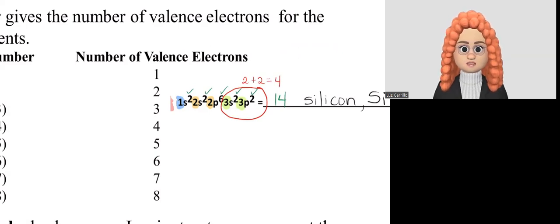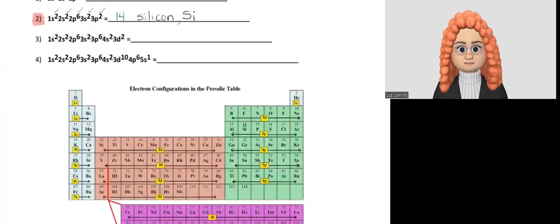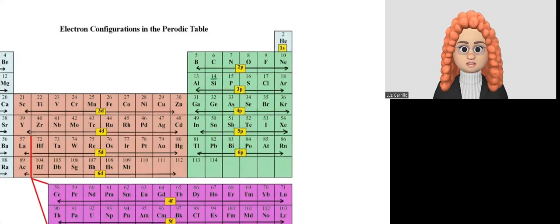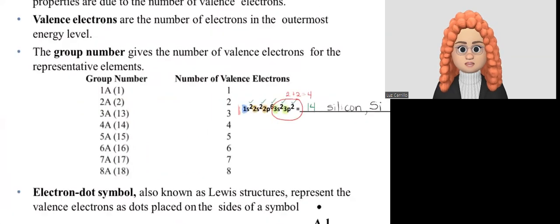Now, if you look closer at a periodic table, understand that silicon, when it comes to group number, even though it's not represented here, I'm going to write it in, is group 4A. Because silicon is in group 4A, it has 4 valence electrons. So that's the other way that we can illustrate it.